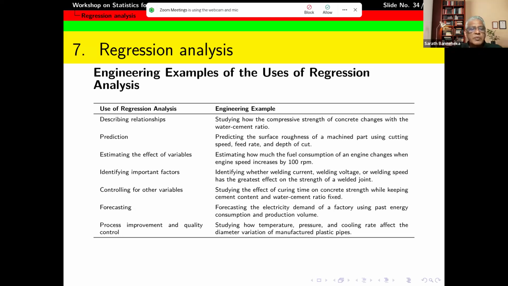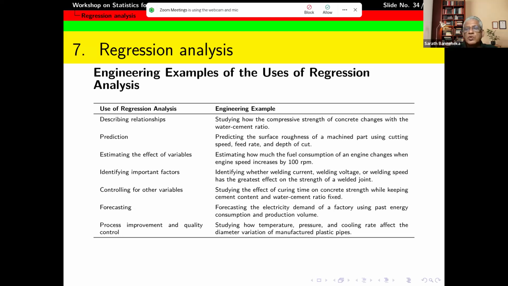As an example of controlling for other variables, studying the effect of curing time on concrete strength while keeping cement content and water content ratio fixed. As an example of forecasting, forecasting the electricity demand of a factory using past energy consumption and production volume.